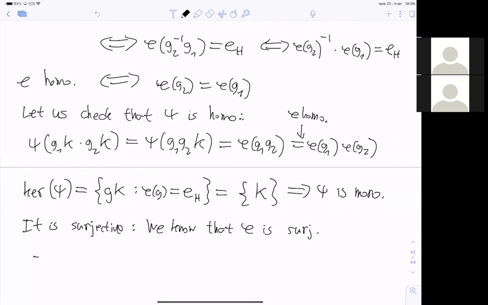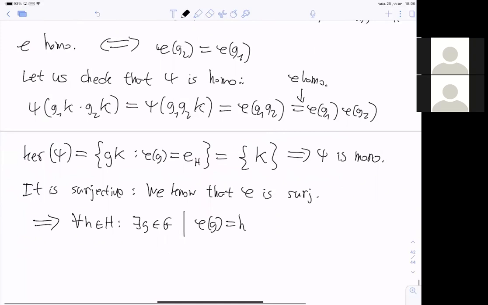So to any element h in the target, there exists some g such that phi of g is equal to h.